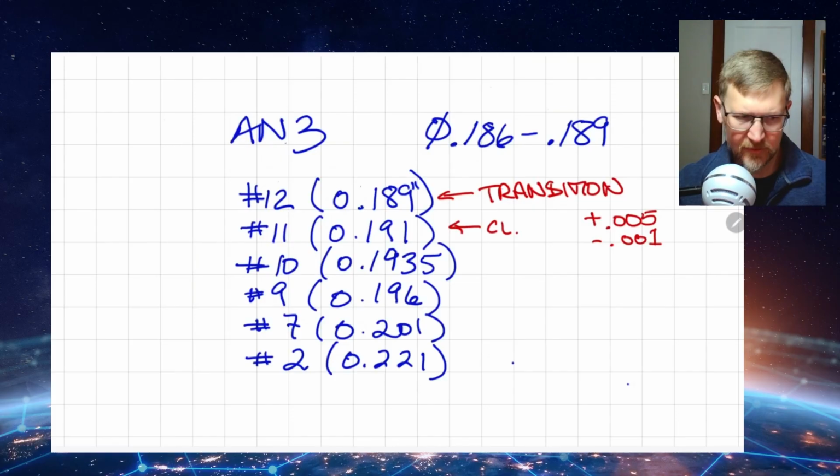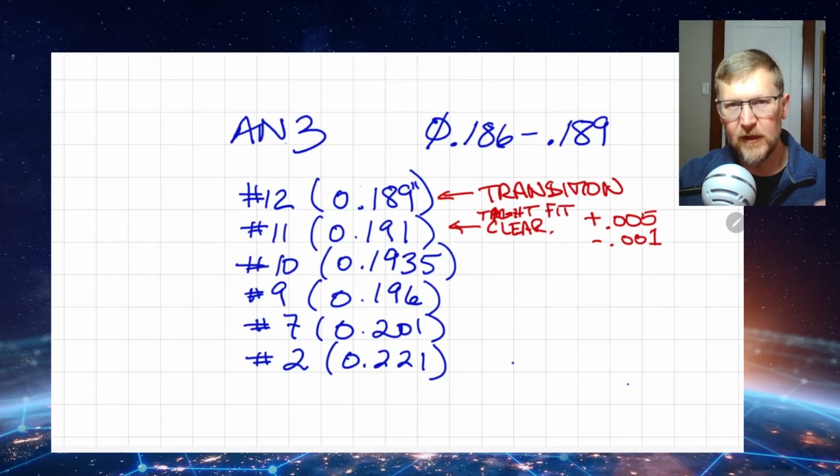So that's a pretty decent application if you need a clearance, but this is more of a tight fit clearance. So this is if you need a very close fitting hole, but you don't want it to actually interfere. What this means is there's basically just enough room to get the bolt in.